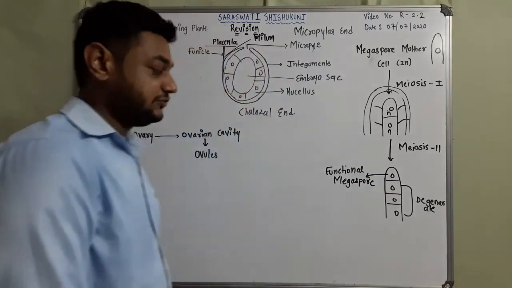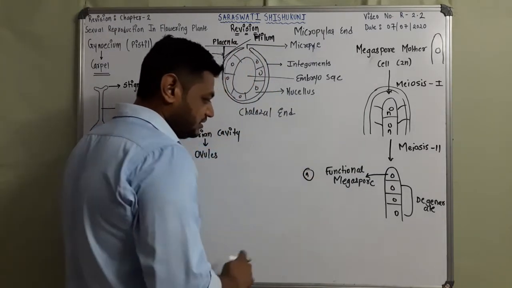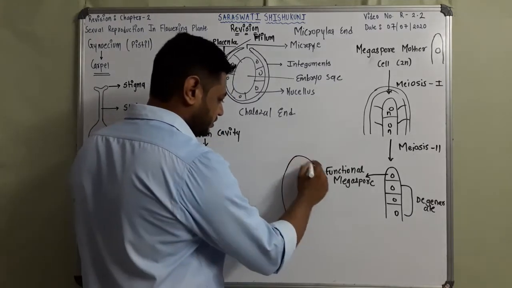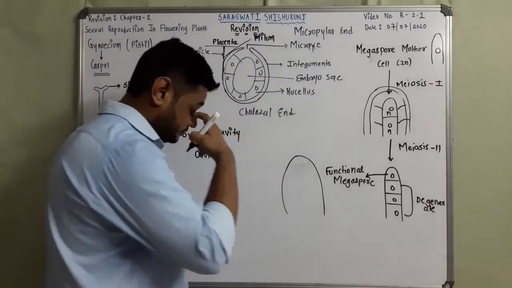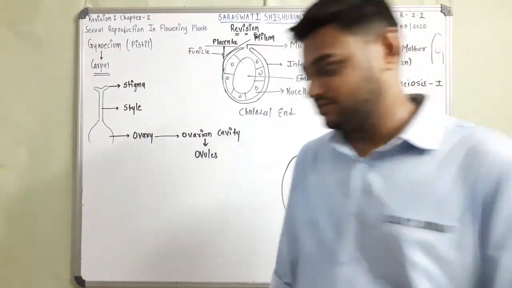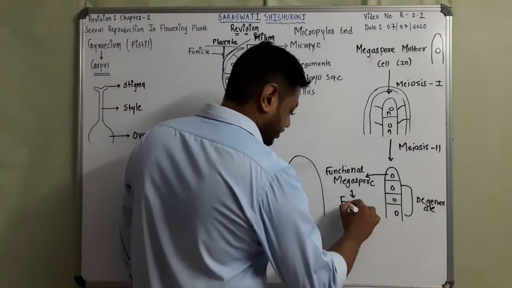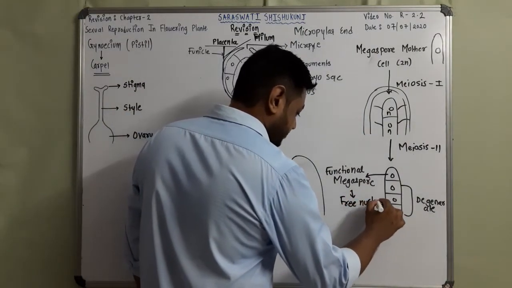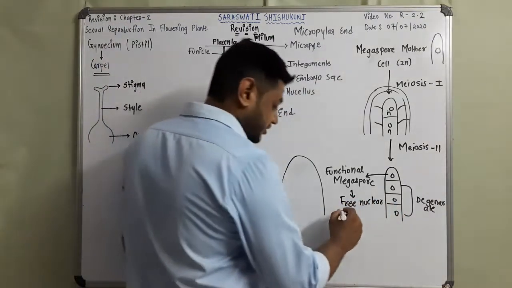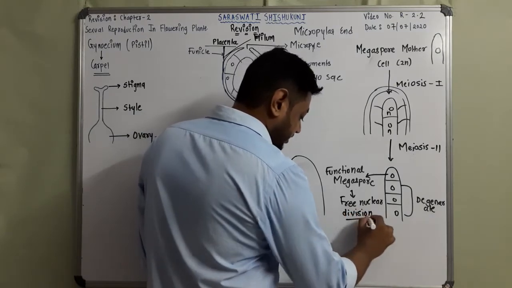This functional megaspore is N. So let's say this is the embryo sac. This functional megaspore undergoes free nuclear division 3 times. Free nuclear division means that cell division does not follow the nuclear division. How many times? 3 times.